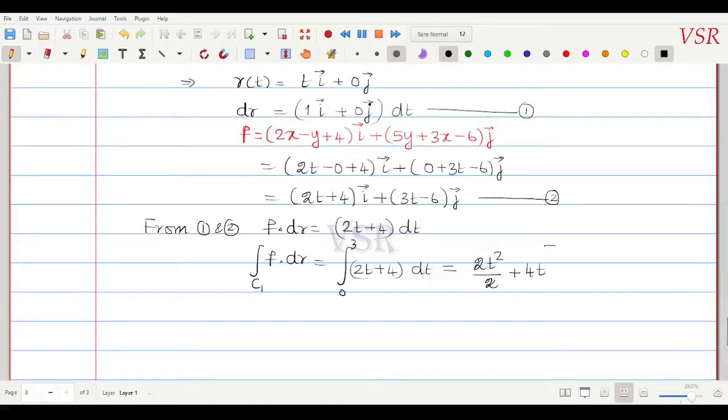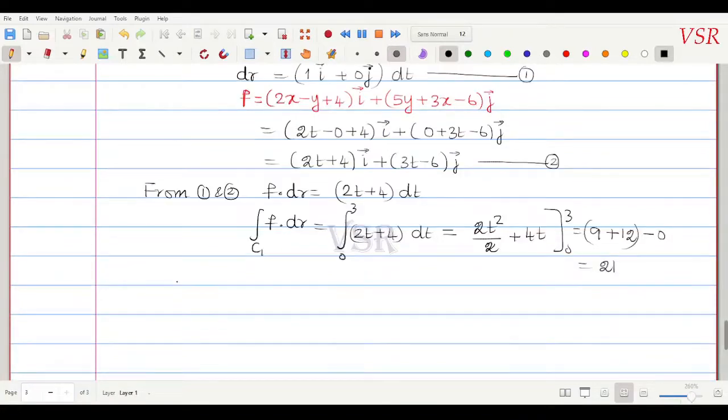So the limit varies from 0 to 3. So 9 plus 4 times 3, which is 12, minus 0. This is equal to 21. So the first integral over C1 is 21.